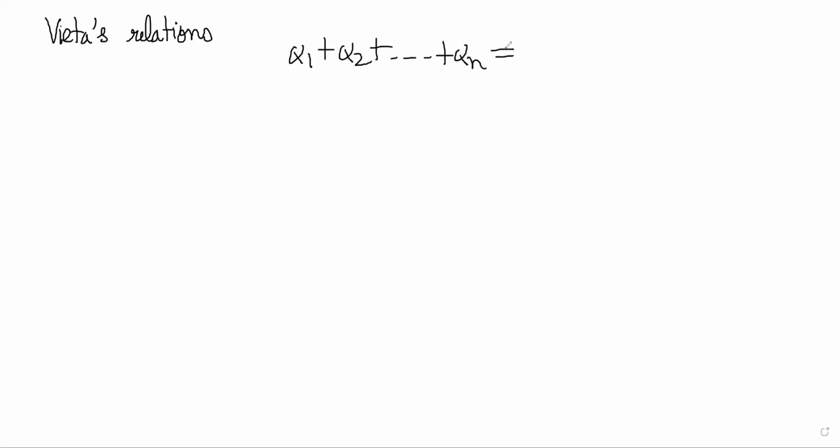The next idea is the idea of Vieta's relations. For any polynomial equation, the sum of the roots alpha 1 plus alpha 2 plus ... plus alpha n will be equal to minus a_(n-1) by a_n. Similarly, the sum of the roots taken 2 at a time would be a_(n-2) by a_n.